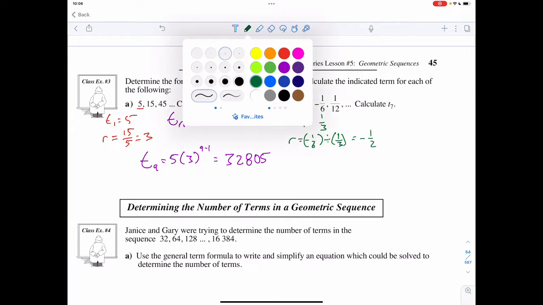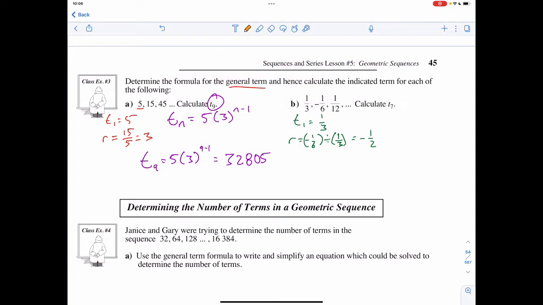If I know that my r value is negative 1/2, then I can say that the general term, solving any term I need to in this sequence, is going to be 1/3 times negative 1/2 to the power of n minus 1.